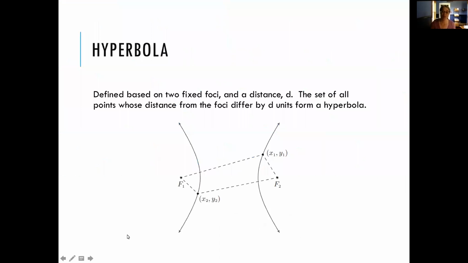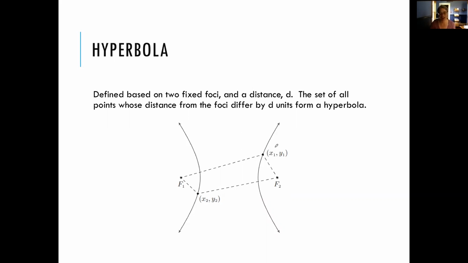Now, a hyperbola, like an ellipse, is based on the distance of a point from two focus points. The difference is that instead of looking at the sum of the distances, we're going to look at the difference between the distances.